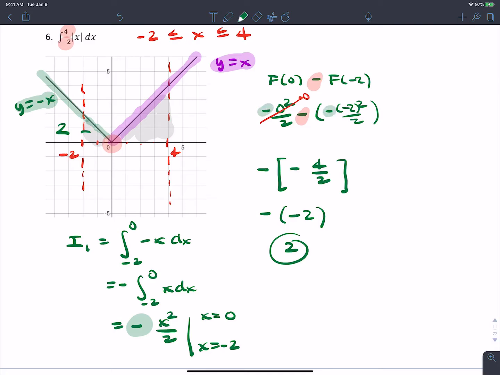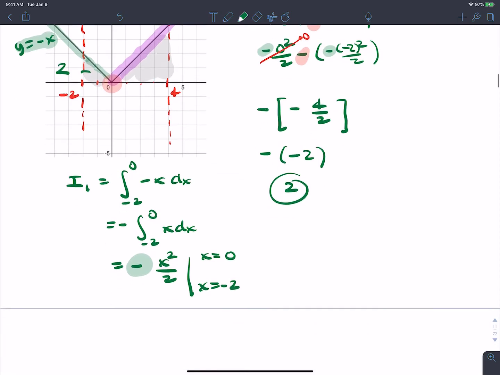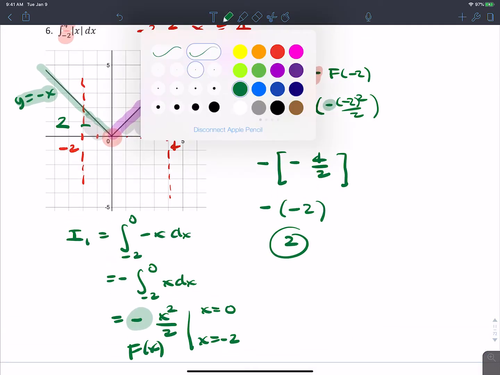It's also right here because that's your antiderivative function. So I have those two negative signs. That red difference is always there, because you're taking the difference. It just so happens that the number is also a -2. So just be very careful. The antiderivative function is -1/2 x squared.